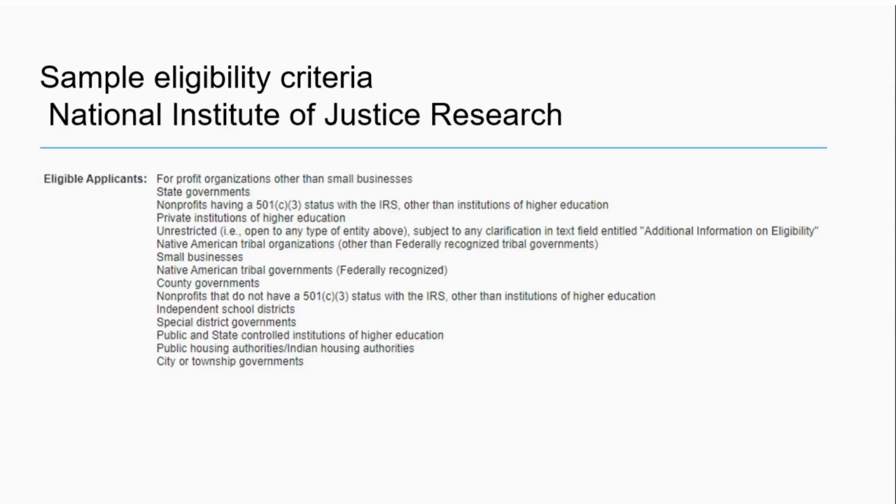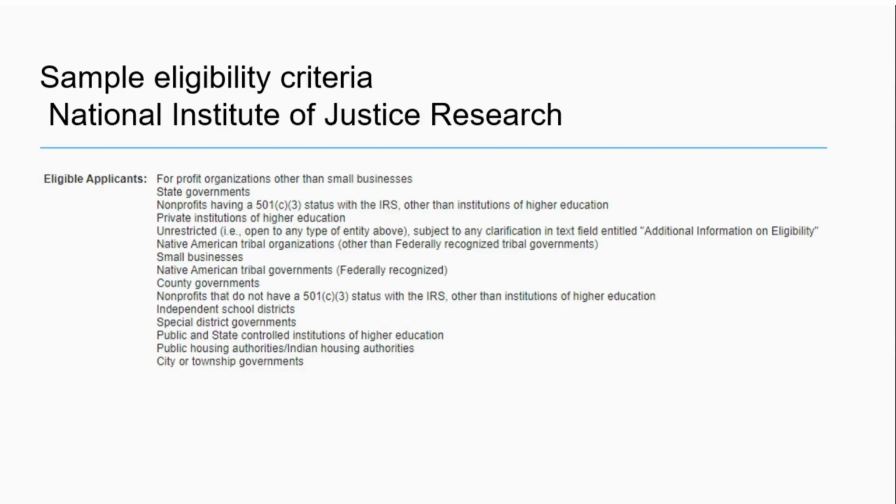If you are a non-profit having a 501(c)(3) status with the IRS, you can also apply. You can also apply if you fall under the category of private institutions of higher learning. You can also apply if you are unrestricted.